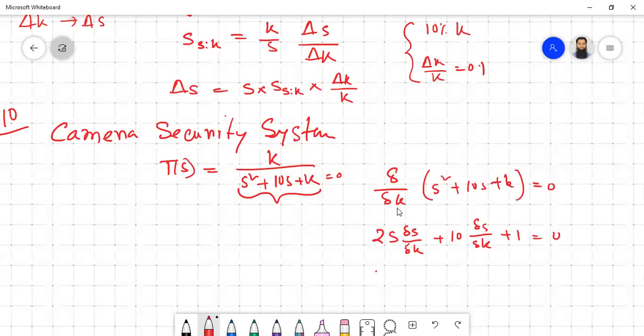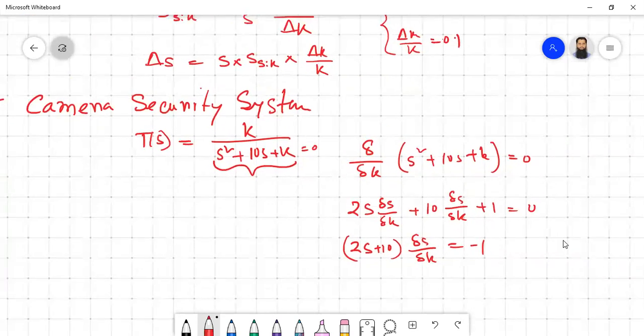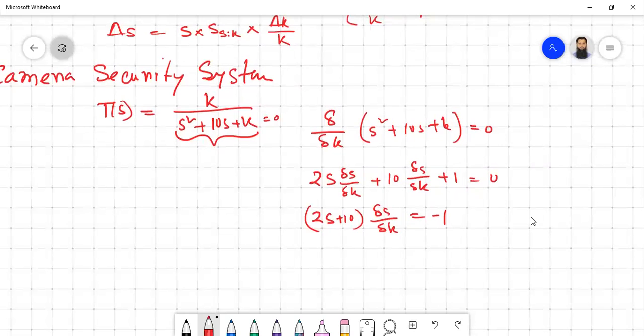We can take the common factor: twice S plus 10 times del S by del K equal to minus 1. So del S by del K equal to minus 1 divided by twice S plus 10. Now we have del S by del K.